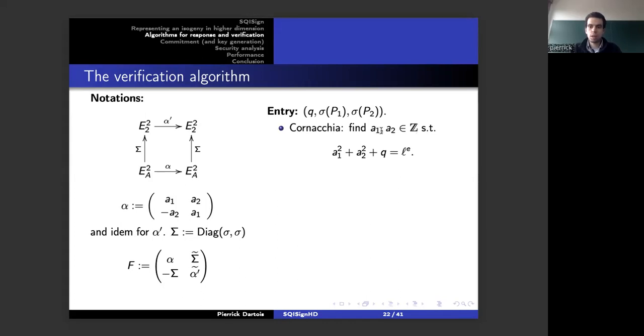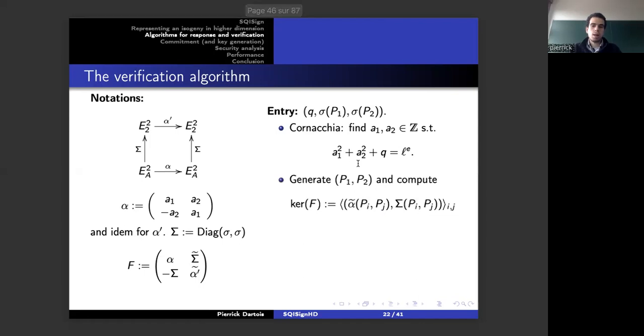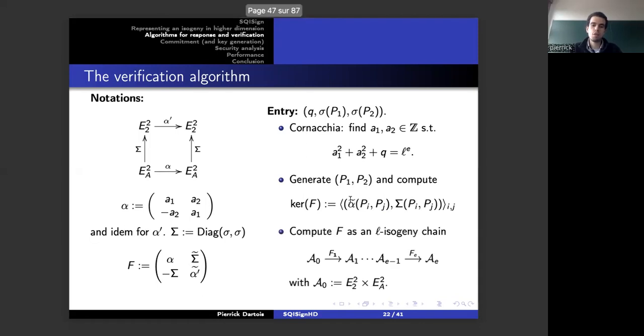So he will find integers a1 and a2 in Z such that l^e − q is the sum of those integers' squares, and generates the canonical basis of the l^e torsion to recover the whole kernel of our higher dimensional isogeny F. And then with the kernel, compute the higher dimensional isogeny as an l isogeny chain.